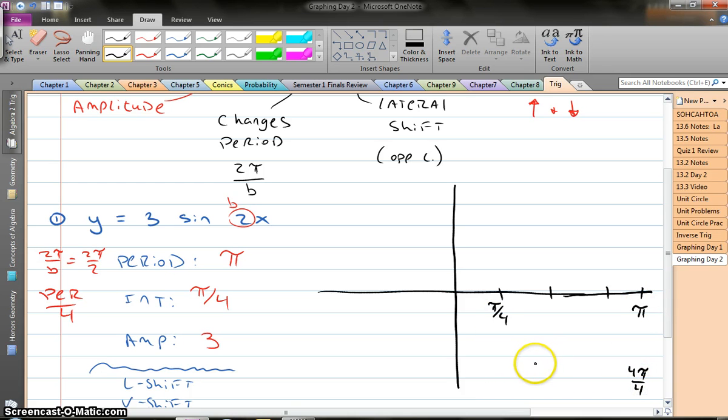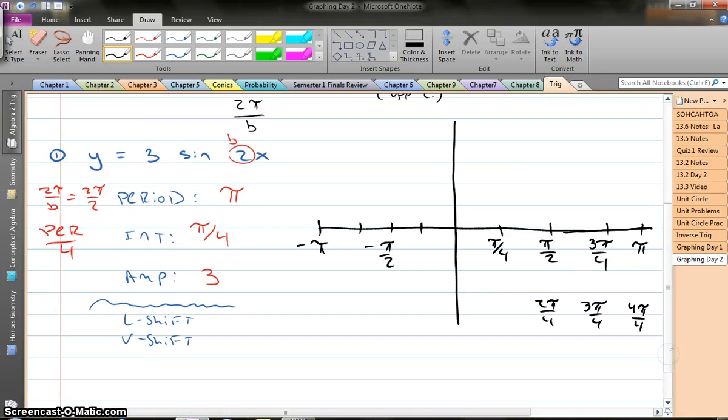So it's 1 pi over 4, 2 pi over 4, 3 pi over 4. Reduce this, we get pi over 2 and 3 pi over 4. Then my negative is the same thing. Again, our period and interval change, so it's creating a new scale for my graph.